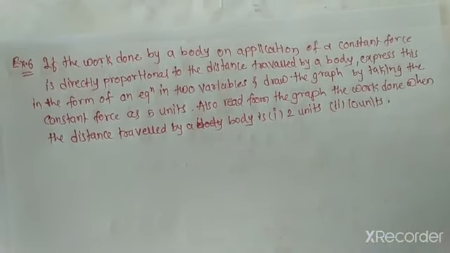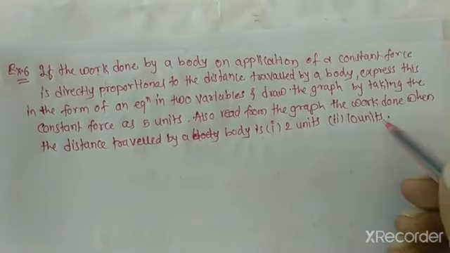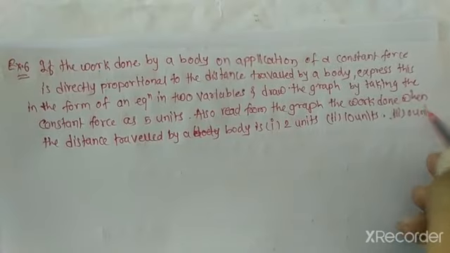In the book it is given 0 unit. For 0 it will be 0, so I consider here 10 units. Okay, we will consider 0 units also.